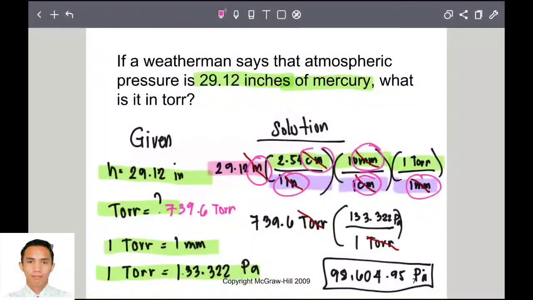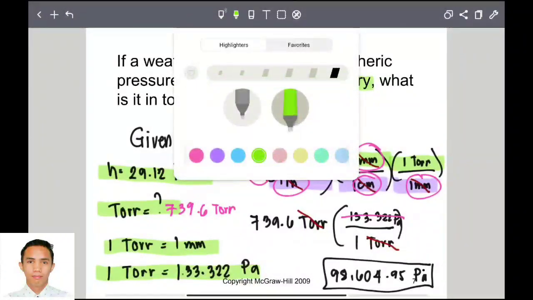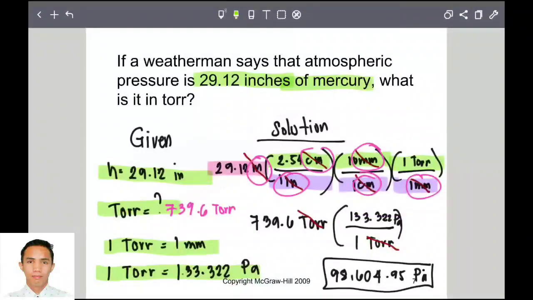Now let's cancel the torr, then the result is 98,604.95 Pascal. That is how to make a solution using a mercury barometer.